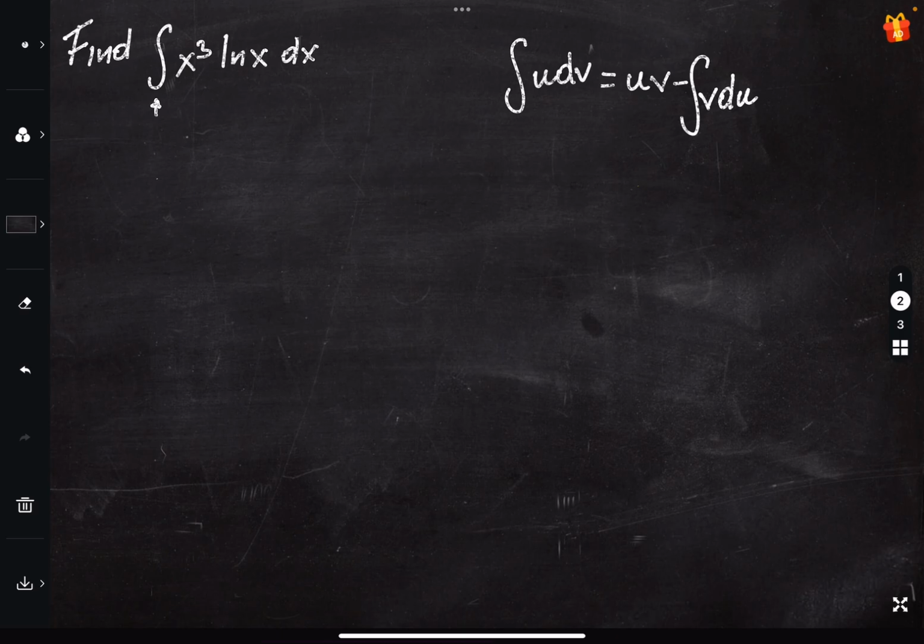Now, first step, after finding the formula, we want to figure out which one between x cubed and natural log of x is going to be our u, and which one is going to be our dv.